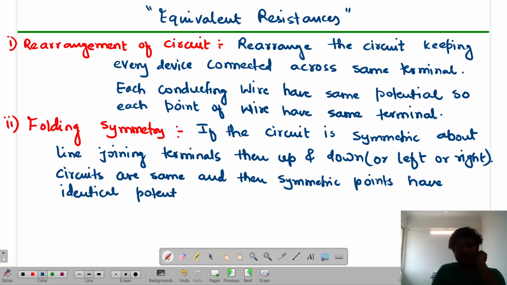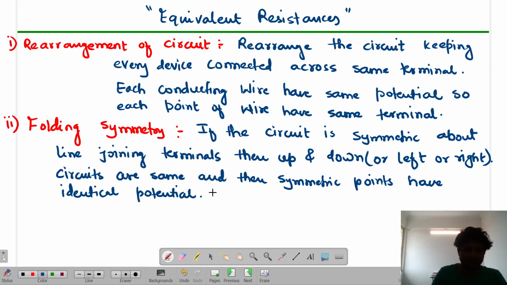If you find that up and down or left and right the particular symmetry is there, then all those opposite equivalent points will have how much potential? Same potential. Are you able to get me or not?